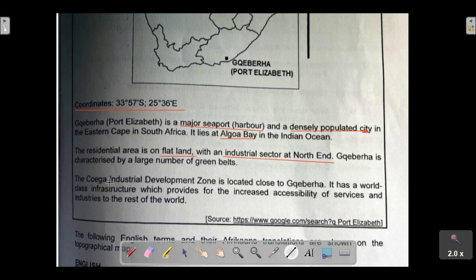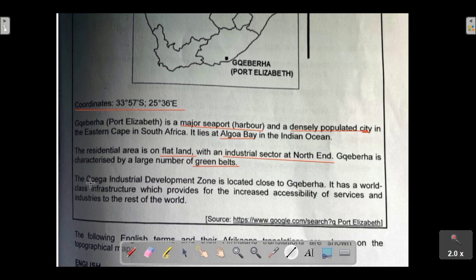Gqeberha is characterized by a large number of green belts. Remember guys, green belts are open space areas where we do not allow any kind of building. The Kruger Industrial Development Zone, the Kruger IDZ, is located close to Gqeberha.